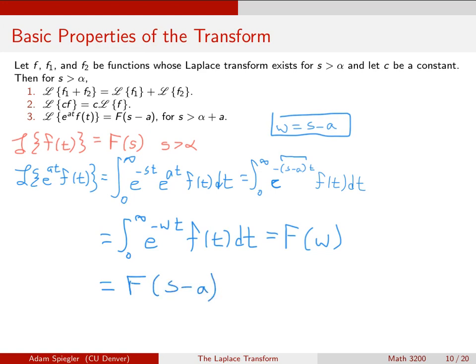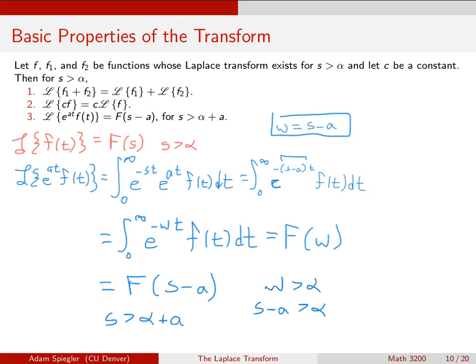And so this is going to be defined as long as w is bigger than alpha, and since w is defined as s minus a, then we see that our domain over here is going to be for all values of s greater than alpha plus a.